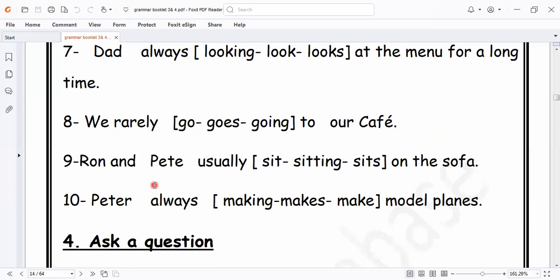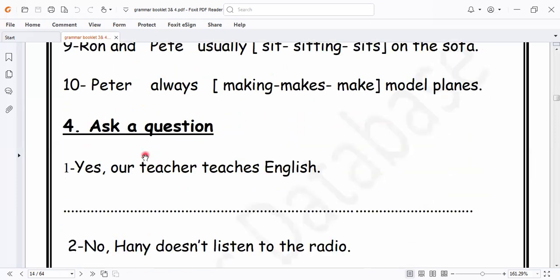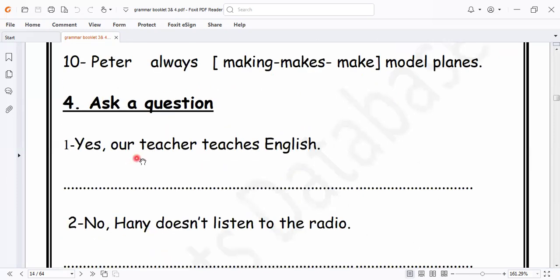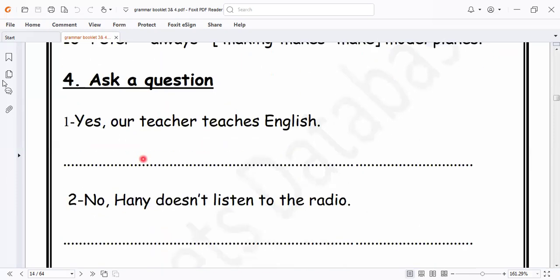Okay. Here is a question form. I will leave the rest to do as homework. Ask a question. What can I do in this question? I do two sentences and leave the rest as homework. Here it will be does. Why do I put does? Because this sentence is present simple, and we have a yes/no question here.